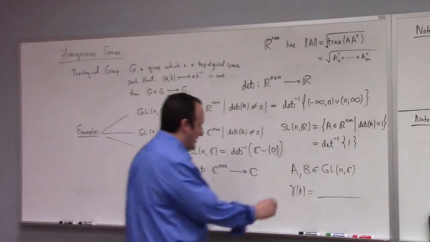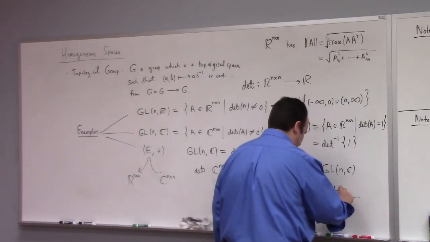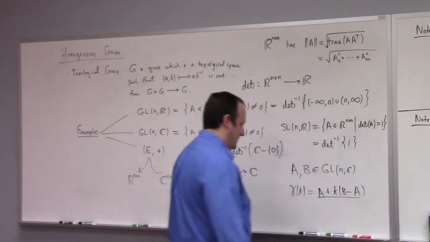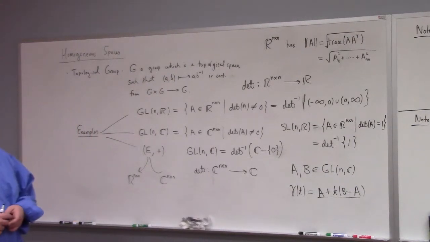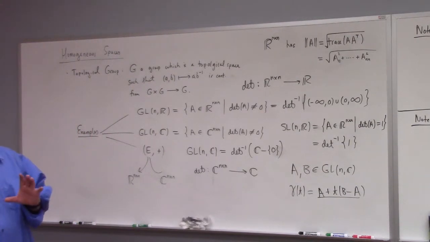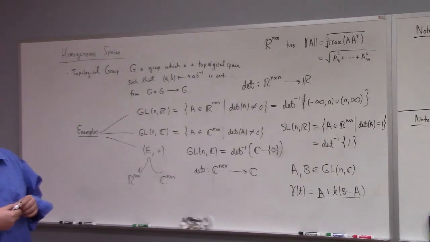Yeah, it would be lovely if we could do this, right? But that seems ill-advised. Because there's no reason, as we let t vary from 0 to 1, that the things that are in between a and b are also invertible. We'd need to prove that they're invertible.